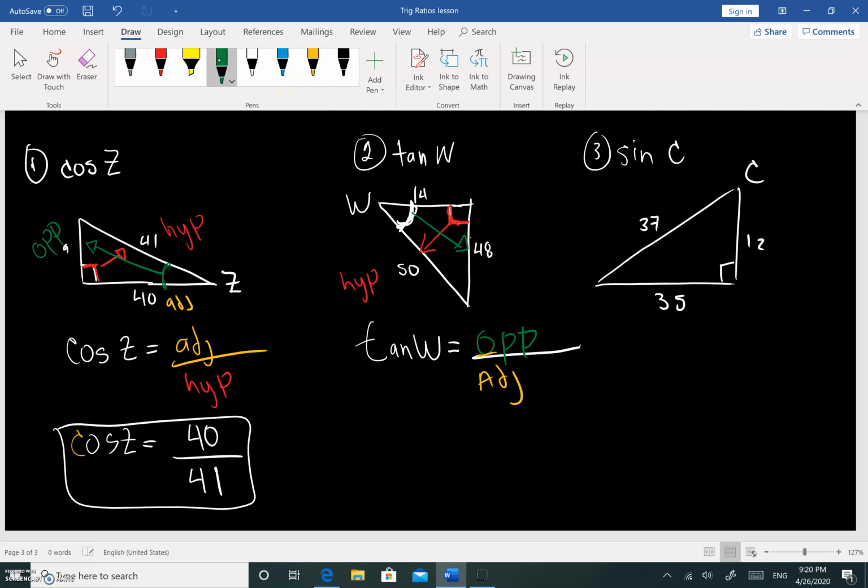Is that going to be my opposite or my adjacent? Well, that's actually my opposite, right? Because 48 is opposite to the angle that I'm at, W. So you can say that 48 is opposite to angle W. So that means that my 14 is going to be my adjacent. So the answer for this is going to be tan of W is equal to 48 divided by 14.